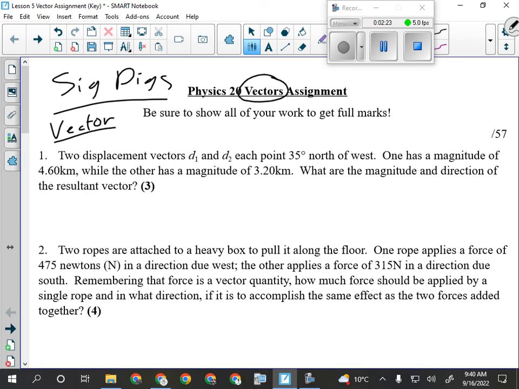Like maybe in question number 1, where you have two vectors whose magnitudes have 3 significant digits and whose vector only has 2, and the two things are never combined mathematically. It's a very rare circumstance. That's the only time I've ever seen it happen. That's why I'm pointing it out.